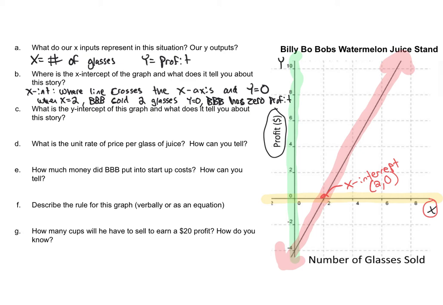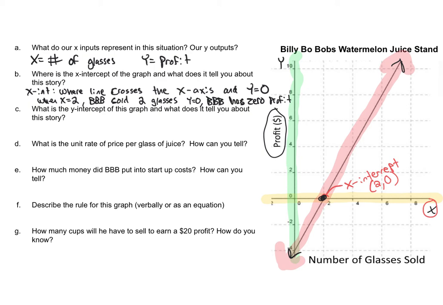And I think that really confused some people, because if he's already sold some juice, then how can he have no profit? What this means is that he spent some money getting this juice stand set up. So if he hasn't earned any profit yet, you could think of it as the point where he has broken even. So that x-intercept is where he broke even.